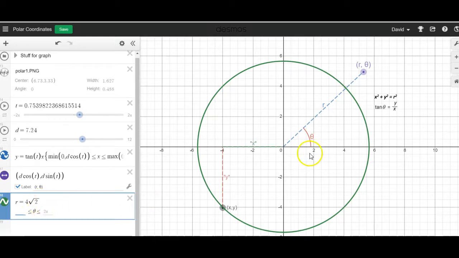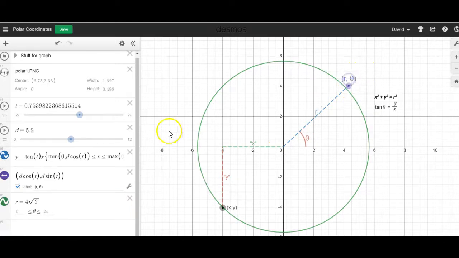Okay, now what does my angle need to be? Well, x and y are equal, right? x equals y. So y divided by x would be negative 4 divided by negative 4, which is 1. So the tangent is 1. Where's tangent 1? Well, it's 1 at 45 degrees in quadrant 1, right?